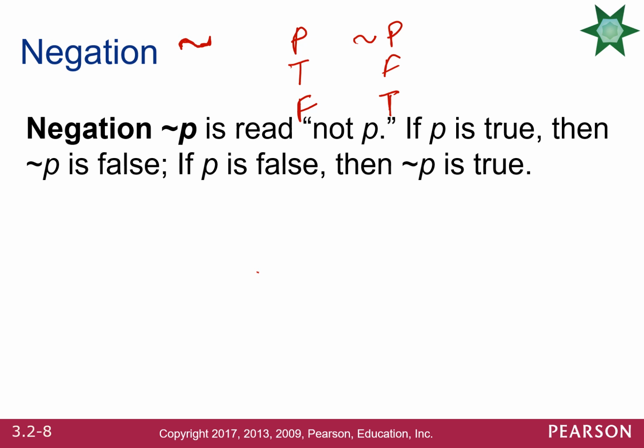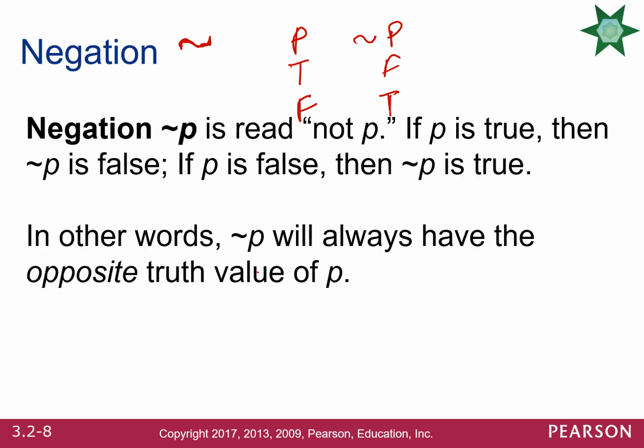It says here, negation symbolized as tilde P is read not P. If P is true, then not P is false, right? Like we said, the world is round. If we negate it, world is not round, then that's a false statement. If P is false, that is, if we say the world is flat and we negate that and say world is not flat, then that is a true statement.